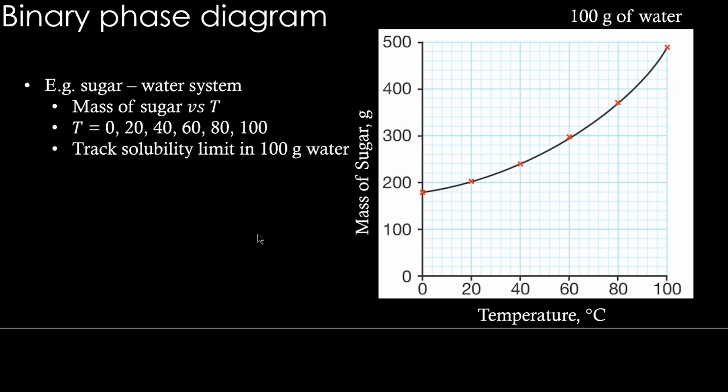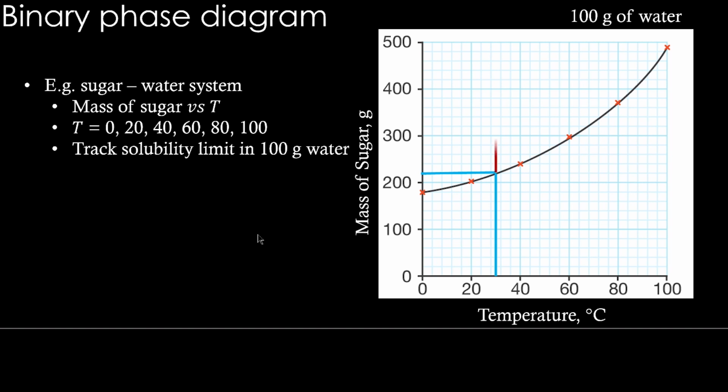So mass of sugar versus temperature. At each temperature, there is a red cross mark which tells the maximum amount of sugar that can be added. The y-axis shows the amount of sugar in 100 grams of water. So joining all these points, we get this black line. That shows the solubility limit. So at any temperature, let's say 30 degrees, we can see that 220 grams is the sugar that is soluble.